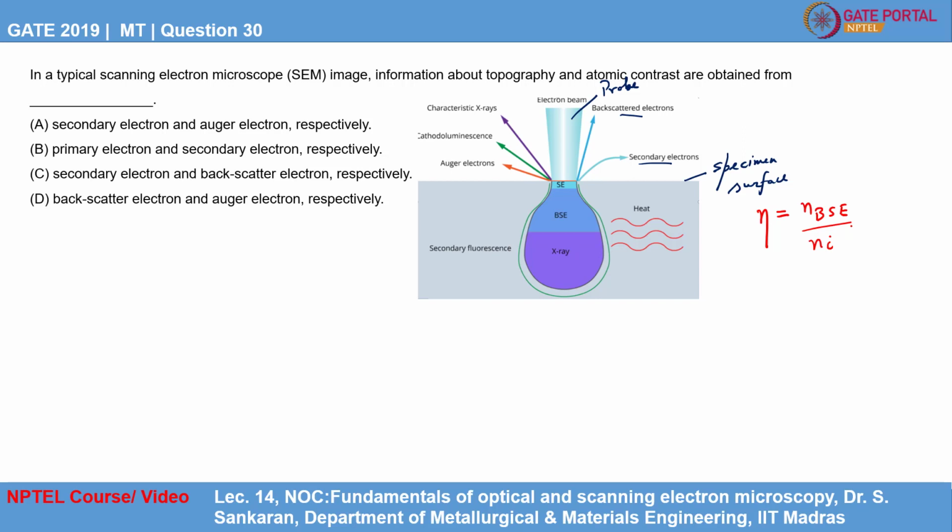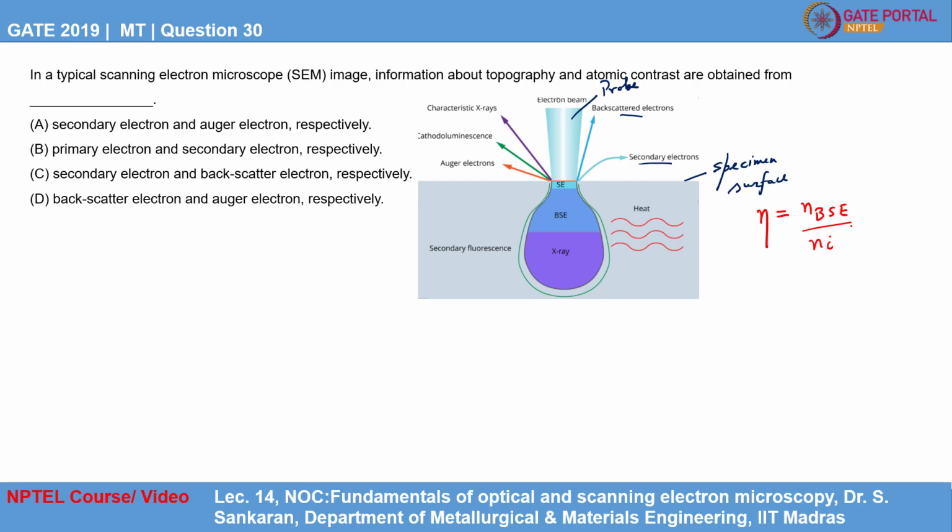So any area in a specimen that contains chemical elements with a higher atomic number will generate more backscatter electrons, and the difference in the number of backscatter electrons collected by a detector will appear as a difference in the gray levels in the black and white image.